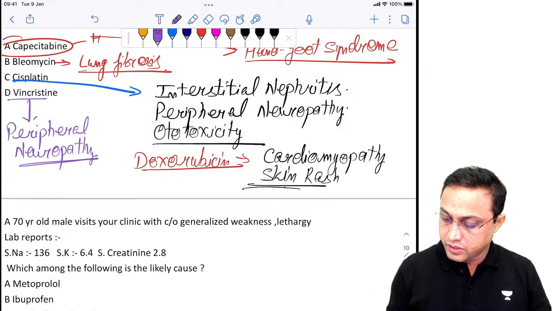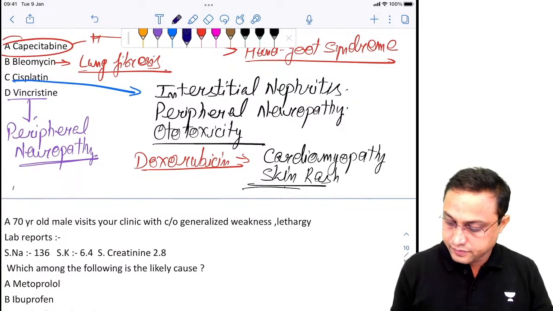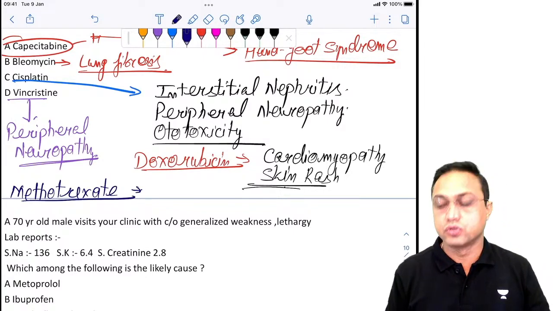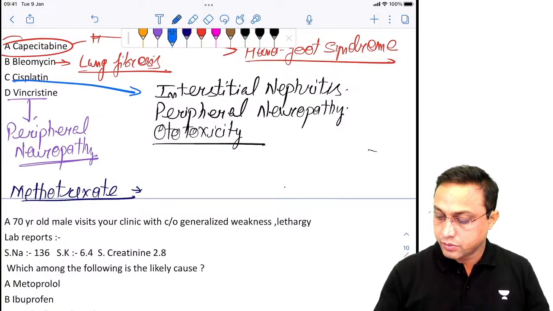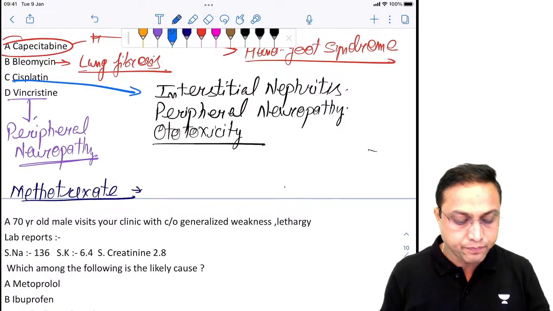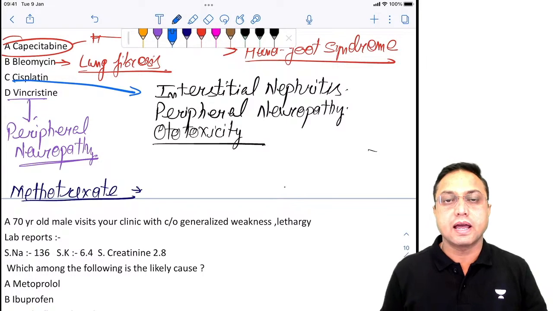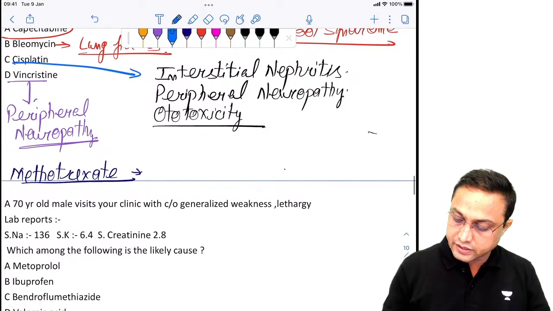Methotrexate is another common drug whose side effect has been asked multiple times. So can you please tell me what are the side effects of methotrexate? M for methotrexate, M for mucositis.